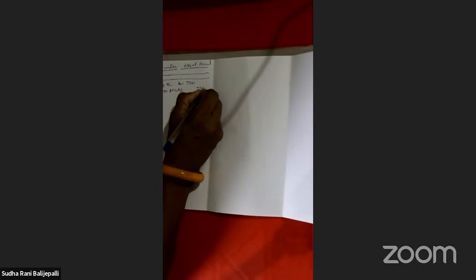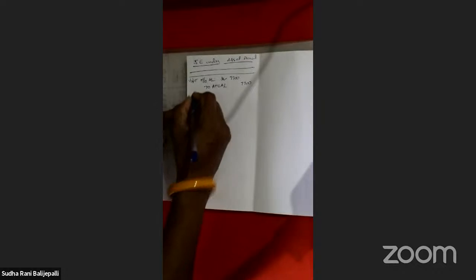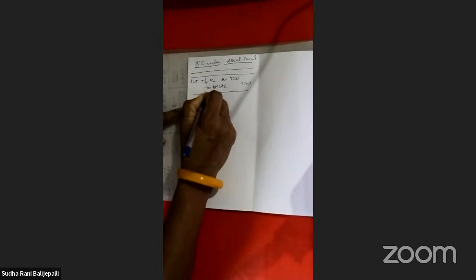He purchased the machine only. So Machine Account debit to Automatic Machines Limited company. What is the value he purchased for? 7,700. The value of the machine he purchased on hire purchase system is 7,700 for purchase of machine.